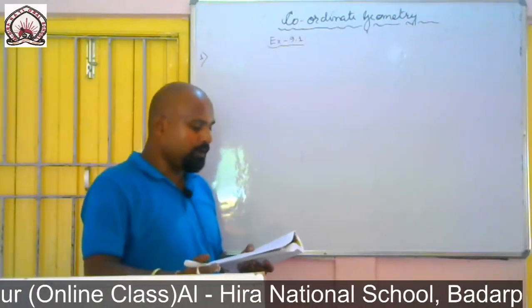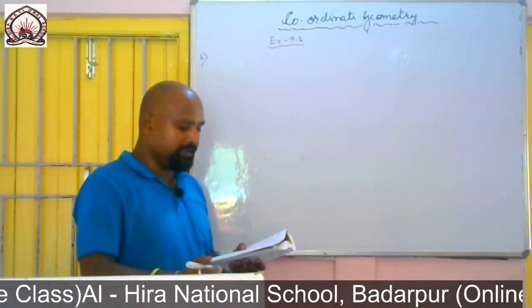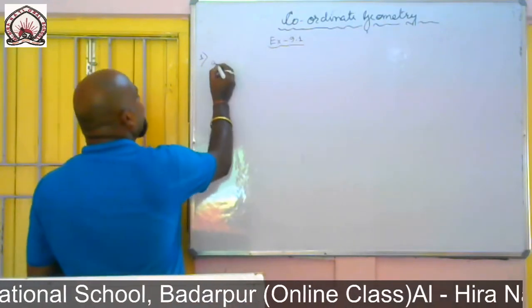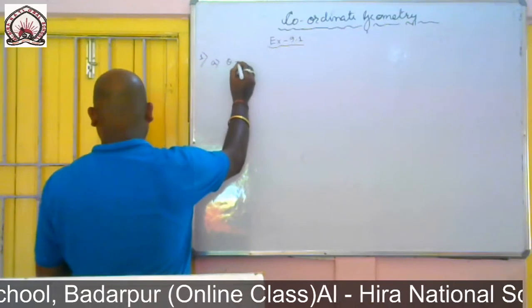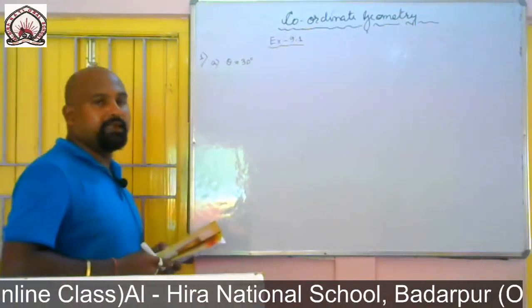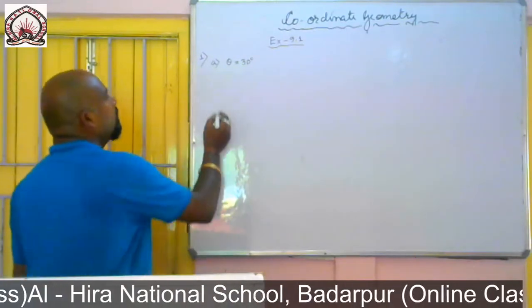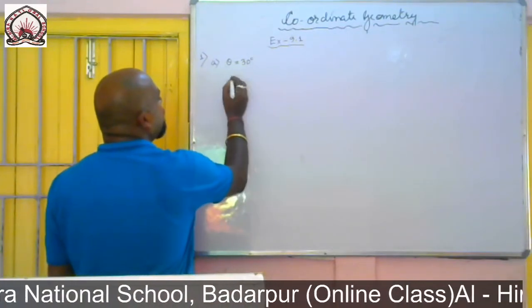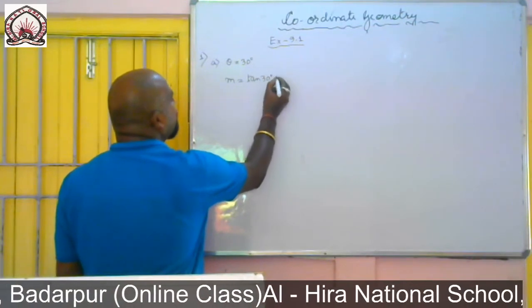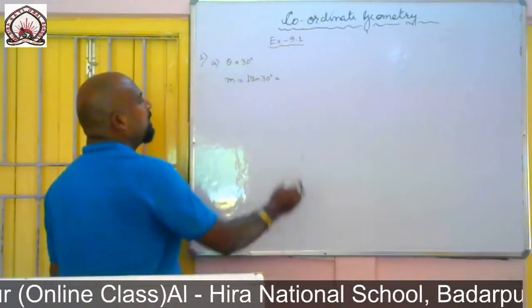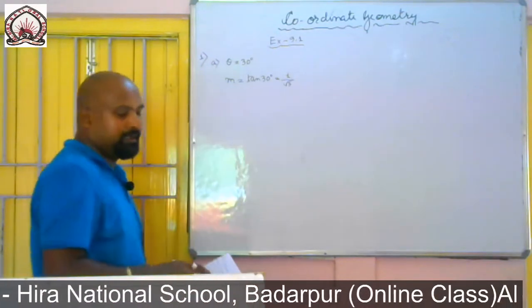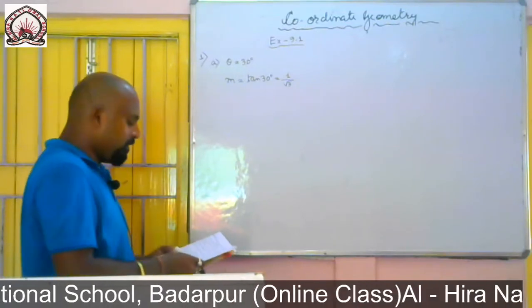Find the slope of the lines when inclinations are, number A, theta equal to 30 degree. The slope of the line is nothing but the gradient. So the gradient m equals tan of the angle 30 degree. Tan 30 is equal to 1 by root 3.